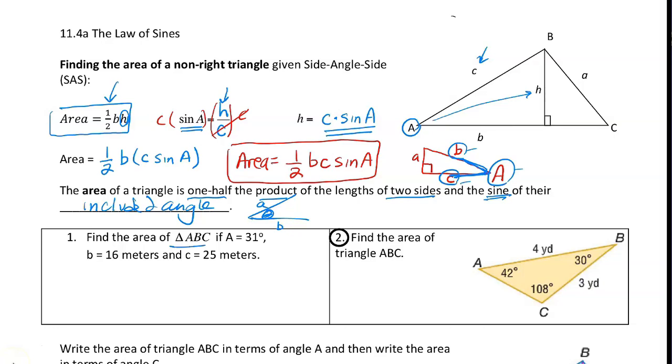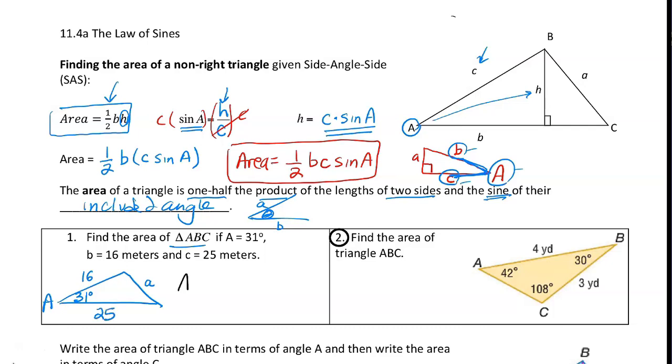to find the area of triangle ABC. Notice that we don't really need the triangle to be a right triangle for this to work. We'll say angle A is here, 31 degrees. Opposite of capital A is always lowercase a. And it doesn't matter which sides are b and c, we'll just put 16 at the top and 25 at the bottom.